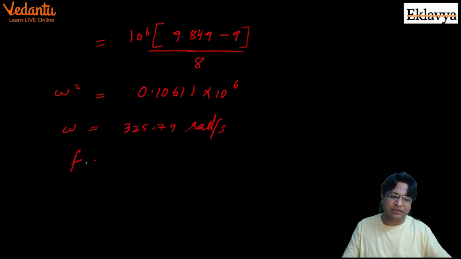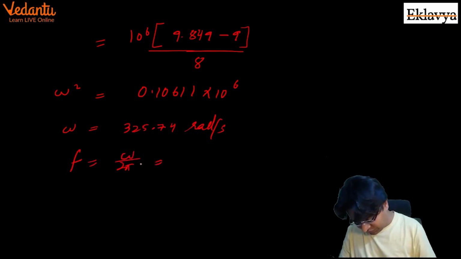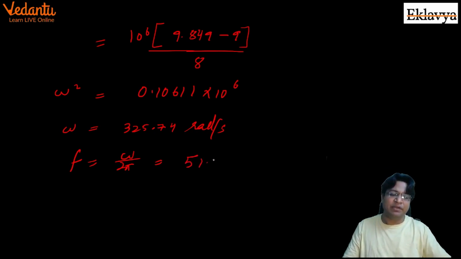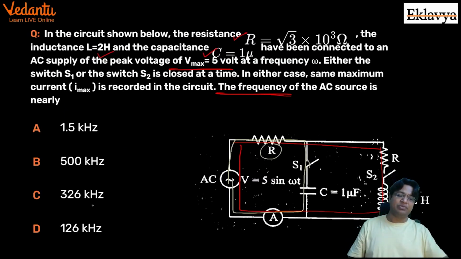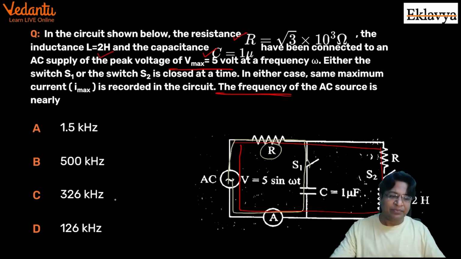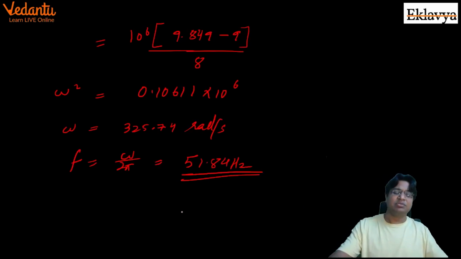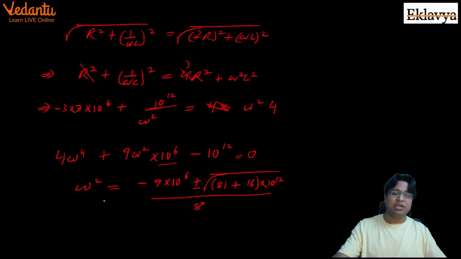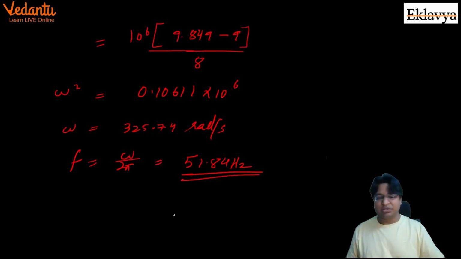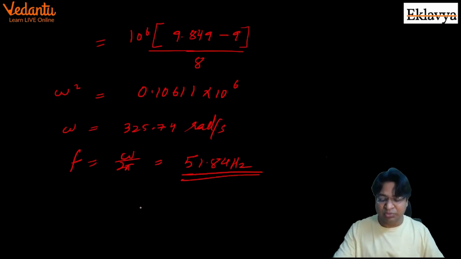Now understand that frequency would be omega by 2 pi, so this needs to be further divided by 2 pi, and when you do that you get the value of 51.84 hertz, which is not there in the options. We do see an option of 325 similar to this, so I guess that is incorrect. 51 point, this should be the answer, so this should be a bonus question, I would say.